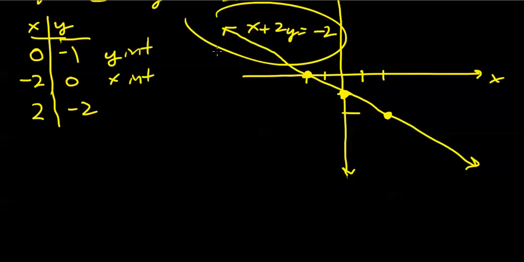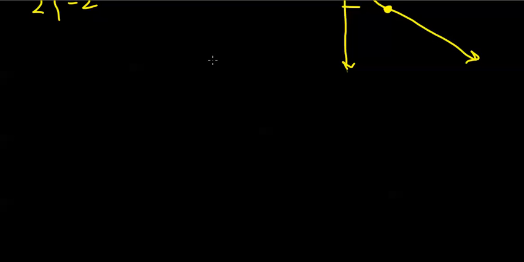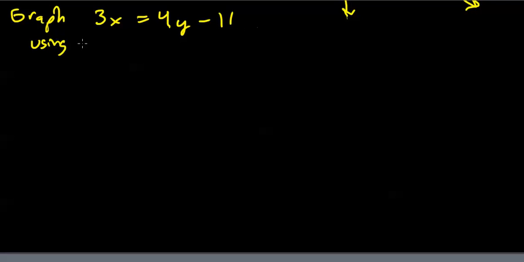We've largely kept ourselves conveniently free of fractions here, but we won't always be so fortunate. Let me give you an example of what I'm talking about. Graph 3x equals 4y minus 11. This is from the homework list, and the author asks us to graph this linear equation using intercepts.